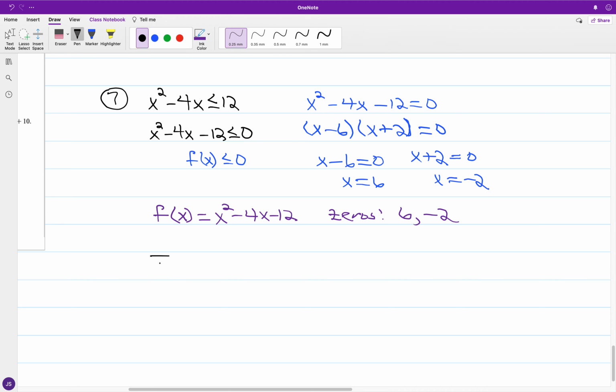Now, setting up a table of intervals around the zeros: with negative 2 as the smaller zero, the smallest values of x are those less than negative 2. Next, those values of x greater than negative 2 and less than 6. And finally, those values of x greater than 6.